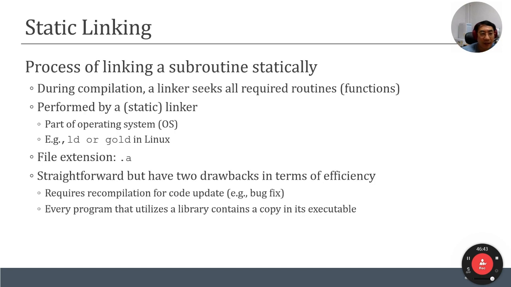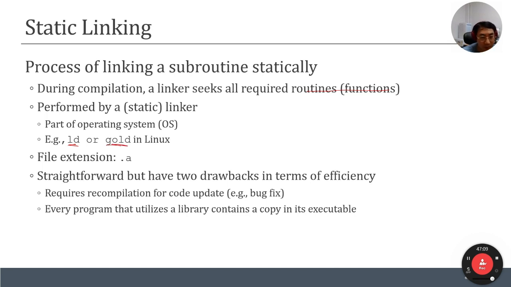So static linking is a process of linking a subroutine statically. During compilation, a linker seeks all required routines. A routine means functions. It is performed by a static linker, and in Linux, ld is a static linker, or gold is a static linker.